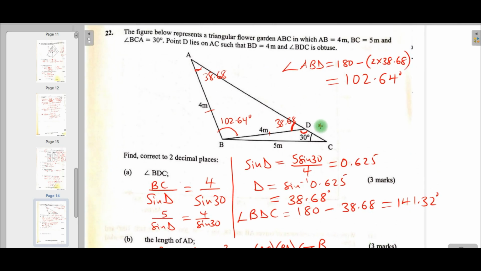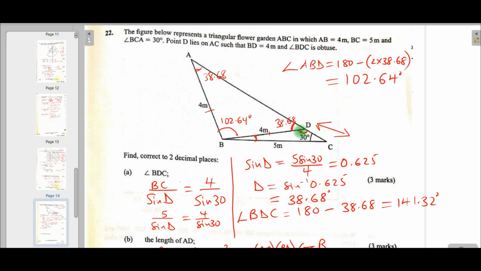Length BC. We need to get that length. Already we have this side, we have this side, we have this angle, we have also this angle, so we can get the other angle, can get this angle.